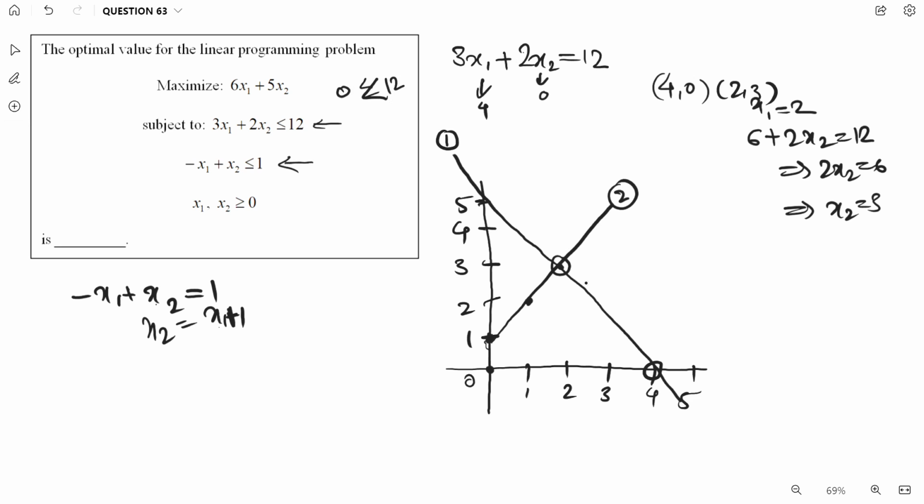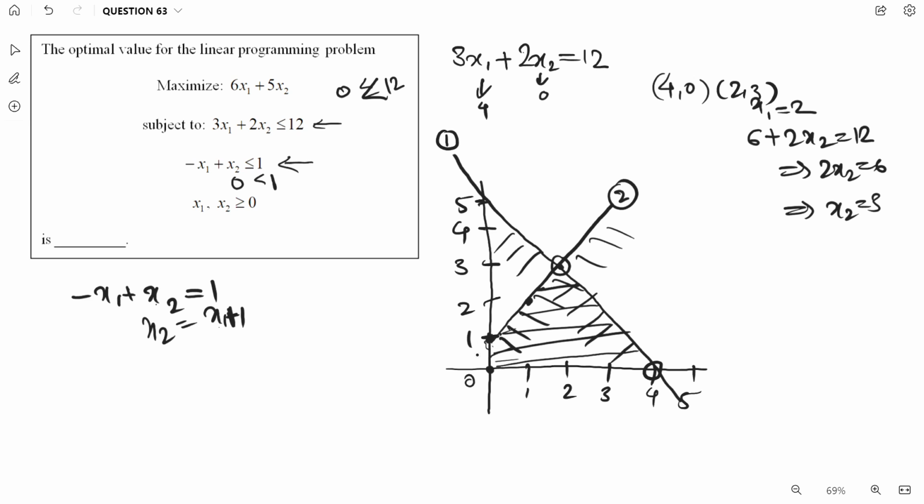So for first constraint, this side we want, right? Okay, again for second line, do the same thing, put (0, 0) here, we have 0. So this is also strictly less than 1. So (0, 0) lies below the second line as well. So for both lines, the common region will be this. And since both the variables are non-negative, this will be our region.